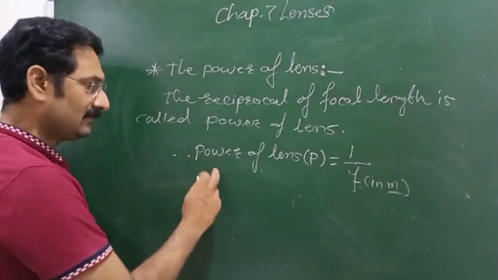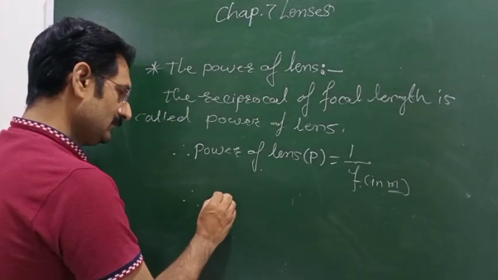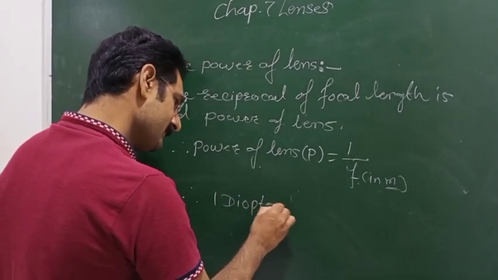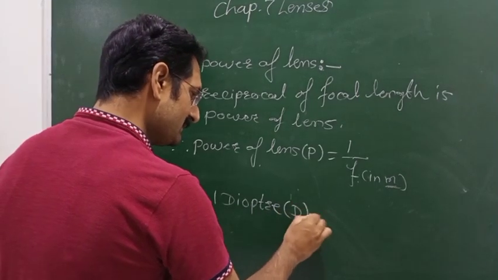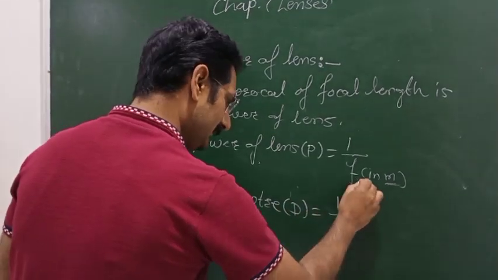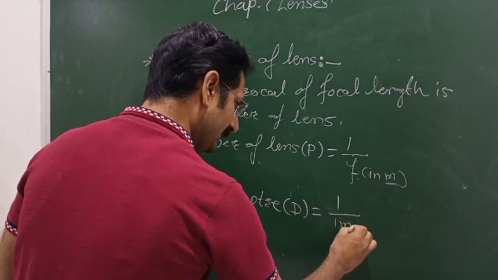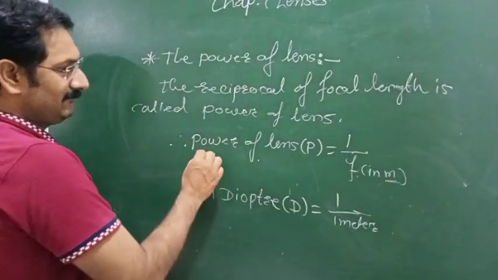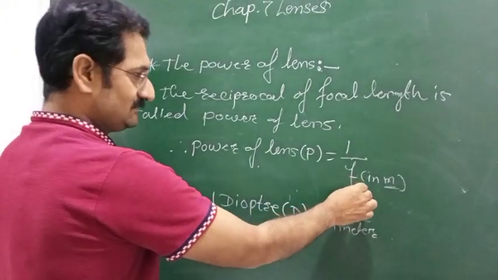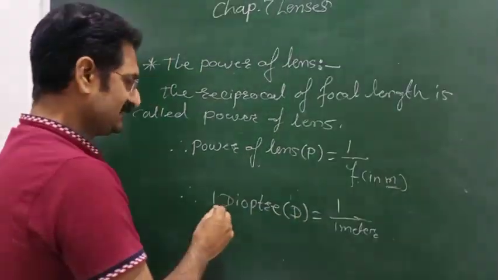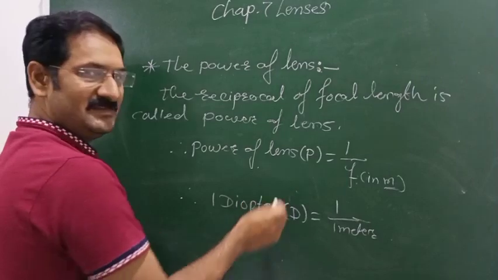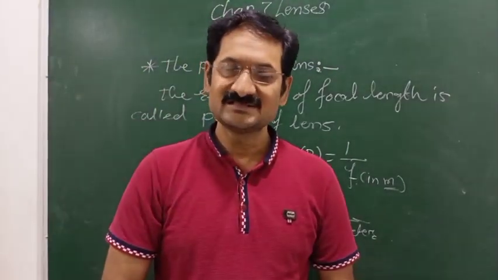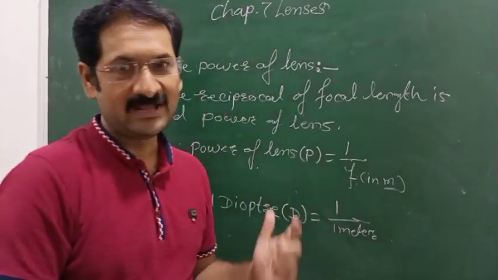The unit of power of lens is diopter. So 1 diopter is equal to 1 upon 1 meter. So friends, in this way power of lens can be determined by using focal length and its unit is diopter. The power of a convex lens or concave lens is measured in the unit of diopter.